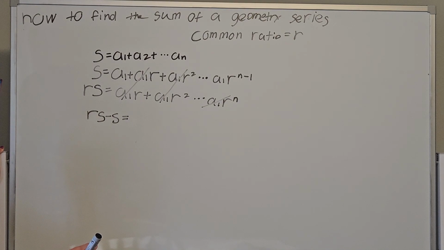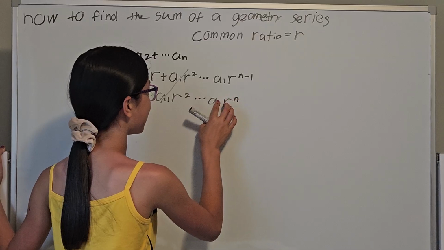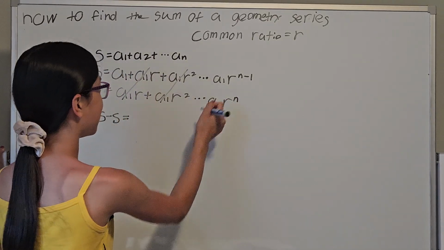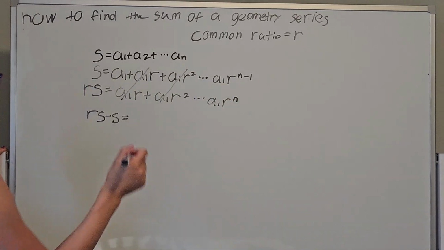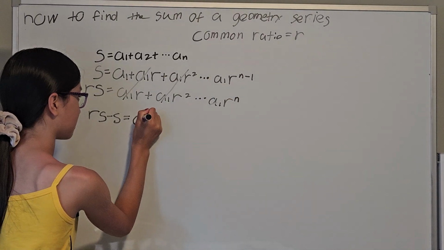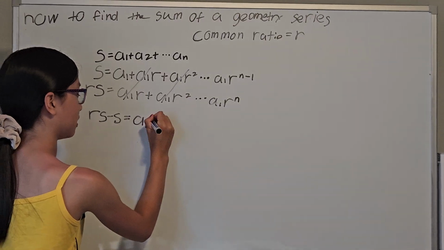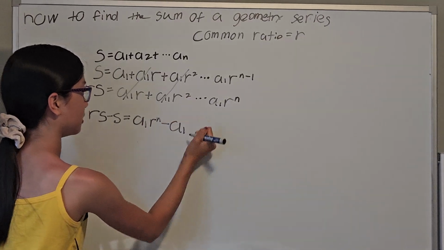You cancel the top one. A1 times R to the n minus 1, yeah, because in between is that thing. Okay, so at the end it's going to be A1 R to the power n minus A1.